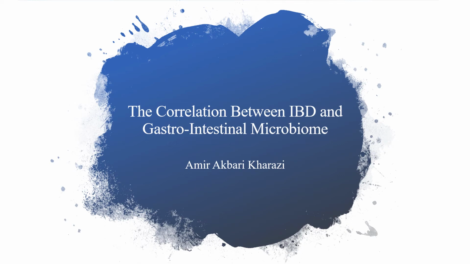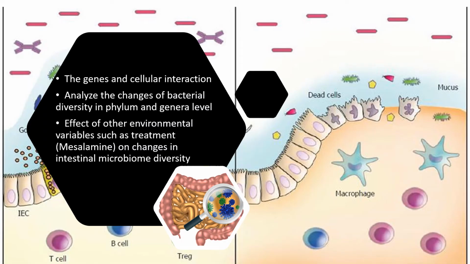Hello everyone. In this video, I want to discuss gastrointestinal (GI) microbiome imbalance and the changes in the immune system responses to the microbiome, which lead to inflammatory bowel disease (IBD). First, we examine the genes and cellular interactions involved in the development of IBD.